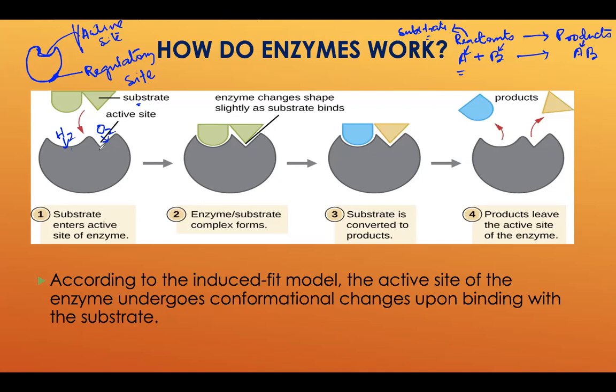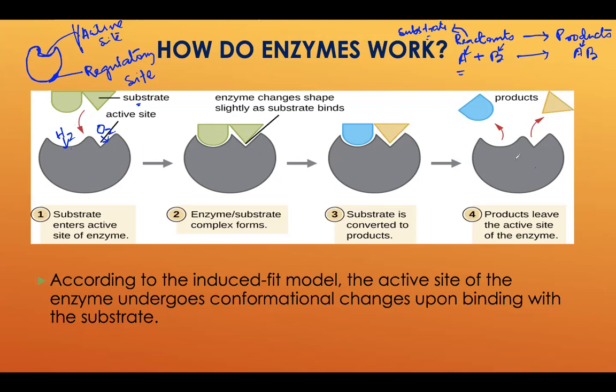So this is the active site. When hydrogen, oxygen, or the reactants sit there, the enzyme helps those substrates work together, and then it releases the product. At the end of the chemical reaction, the enzyme remains unchanged. It does not take part in the chemical reaction.